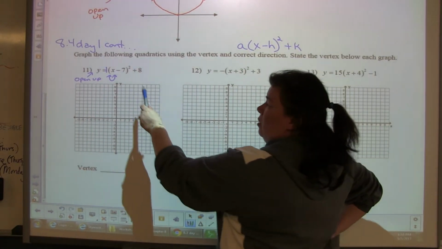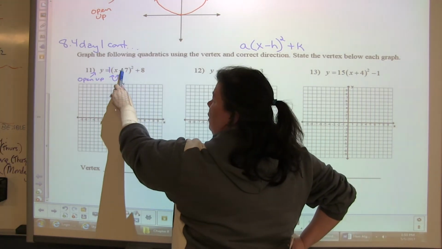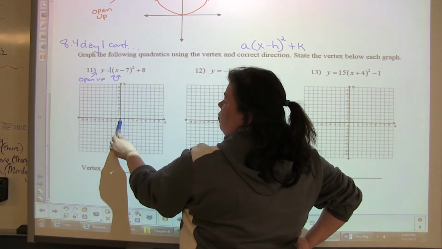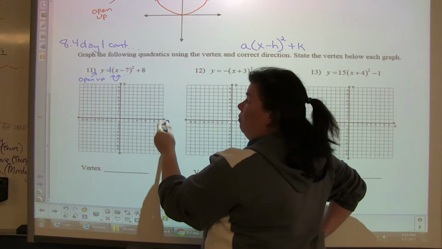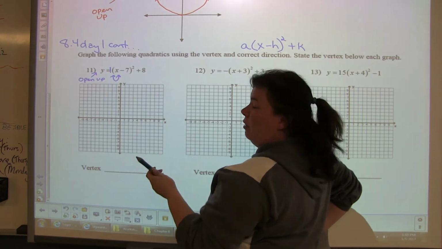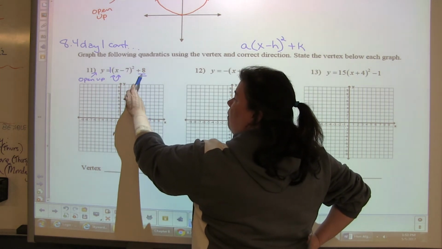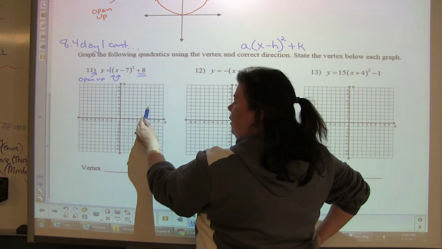So in this case, remember that we're going to do the opposite horizontally, which tells us we're going to go 7 units to the right, because if we put a 7 in here, 7 minus 7 is 0. So we're going to move 7 units to the right, but then this tells us we're moving vertically up 8 units.